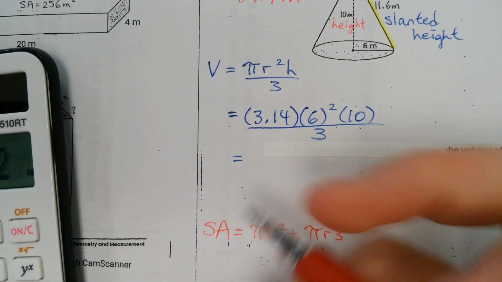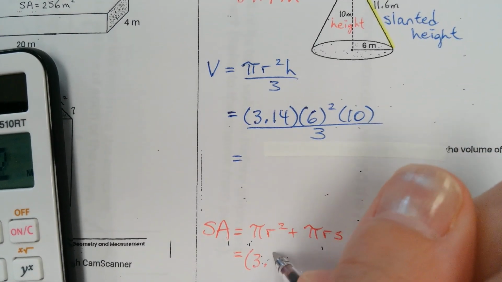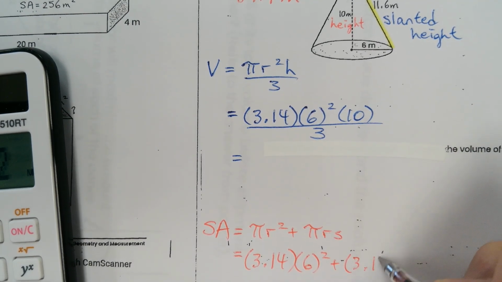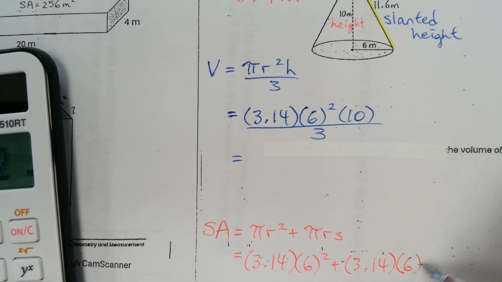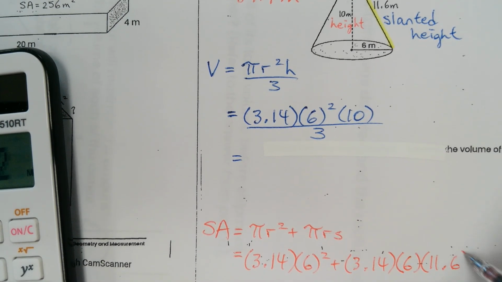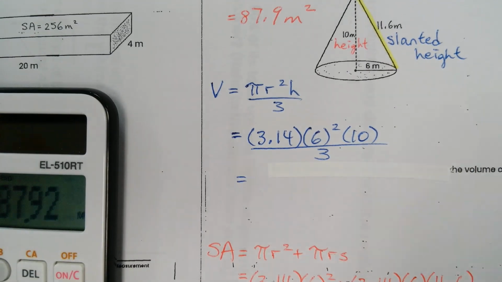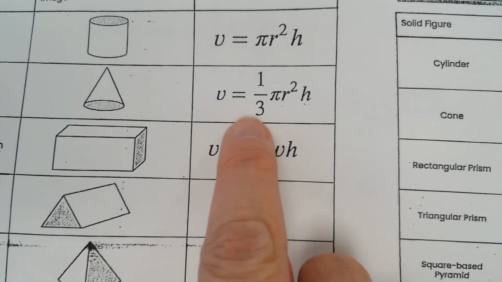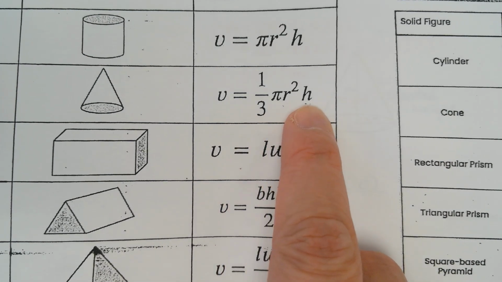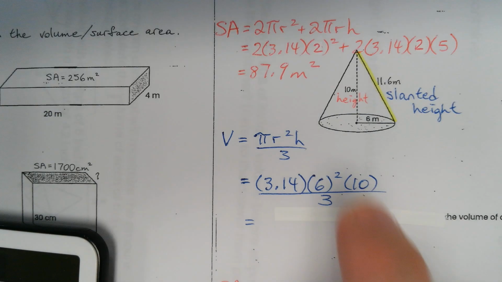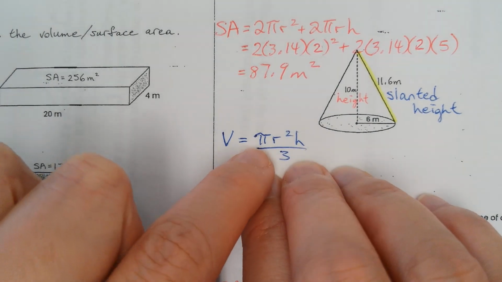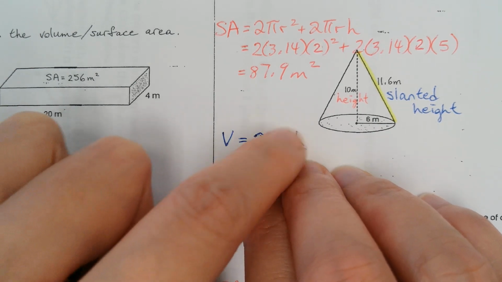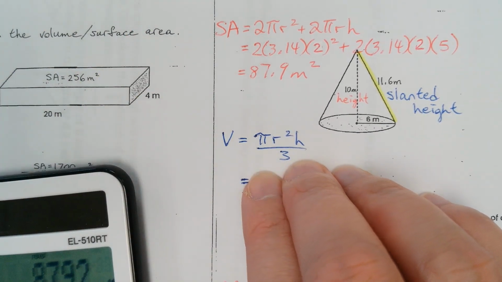Okay, and then here, okay, so for this diagram right here, for the volume, notice the formula is 1/3 pi r squared h. That's the same thing as writing it like this. Pi r squared h divided by 3. Yeah, okay, so I personally like this format more than the 1/3.